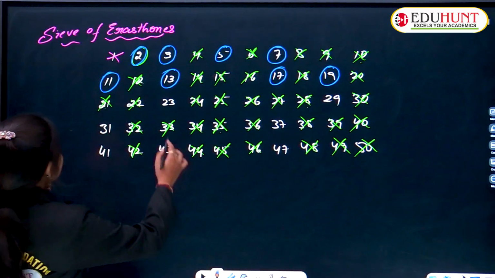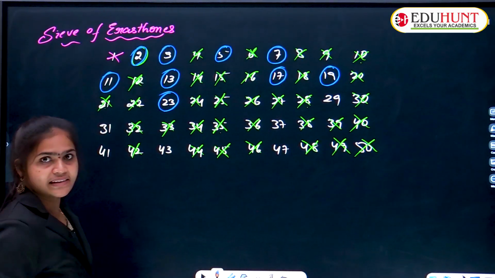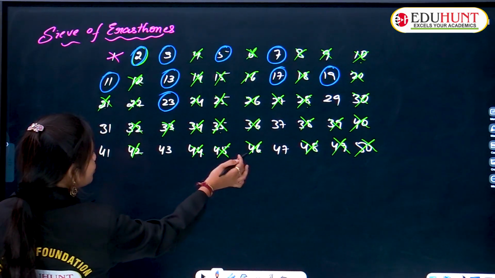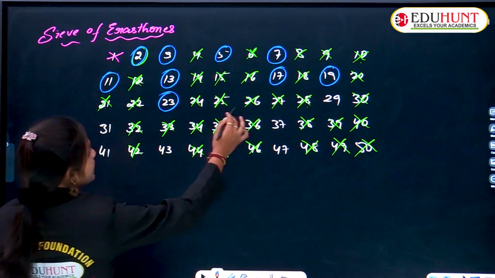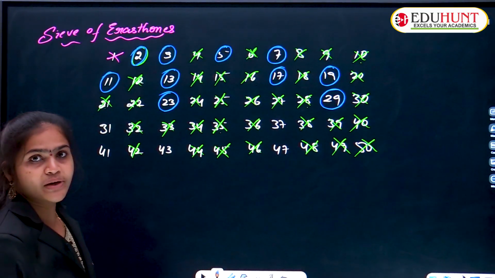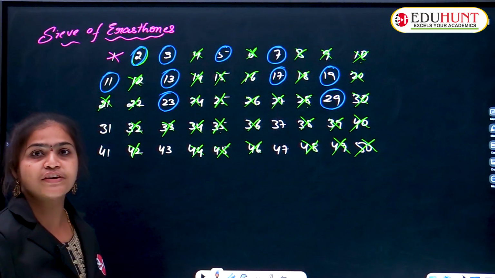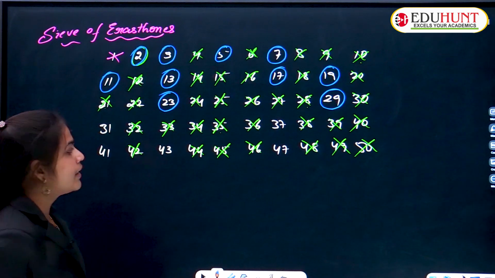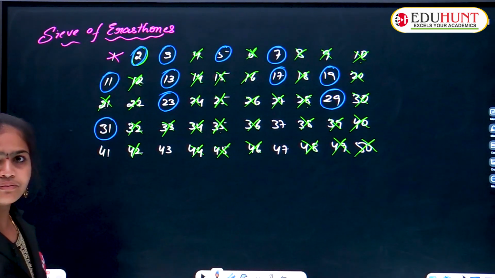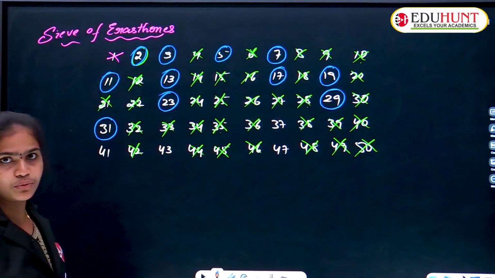Next 23, not cancelled: 23 1s 23, 23 2s 46. Next 29: 29 1s 29, 29 2s 58, that is not there. Next 31: 31 1s 31, 31 2s 62.